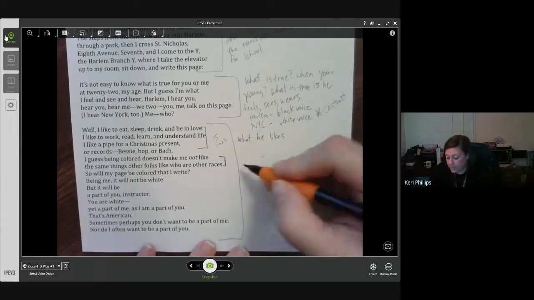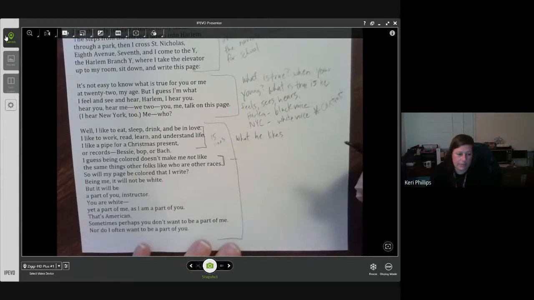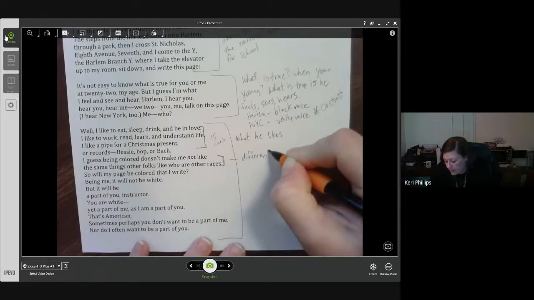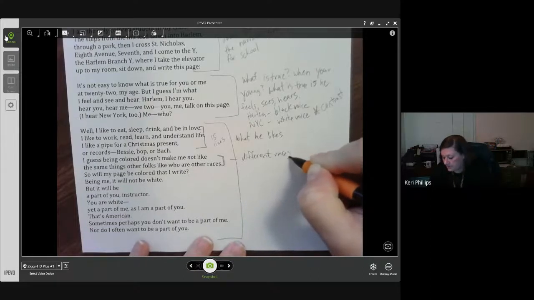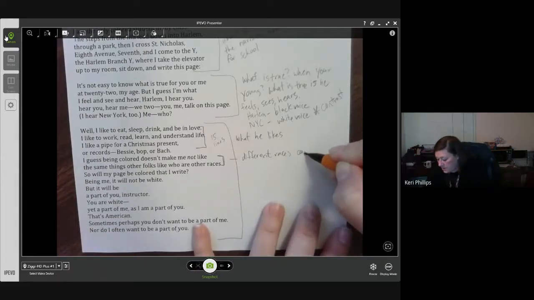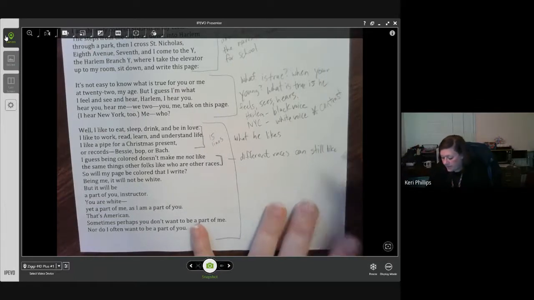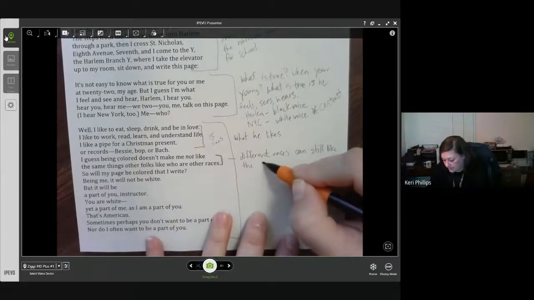So we want to interpret this line. Like, what is he really saying here? So we'll say different races can still like the same things.